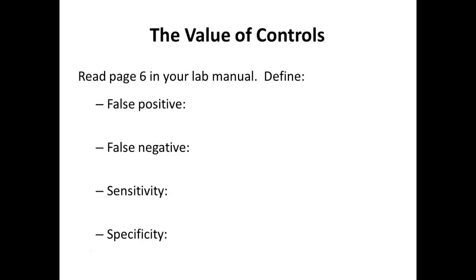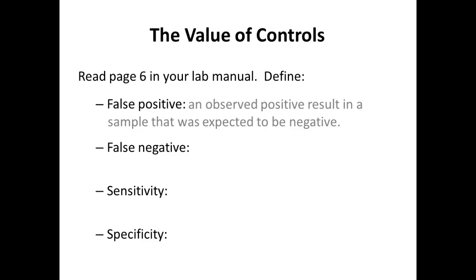Very rare. Right? And we're going to talk about why that is. So that would be an example of a false positive, right? Where the test says you're pregnant, but you in fact are not. So that means you observe a positive result for your sample, but you expected it to be negative. You're like, I'm not pregnant.